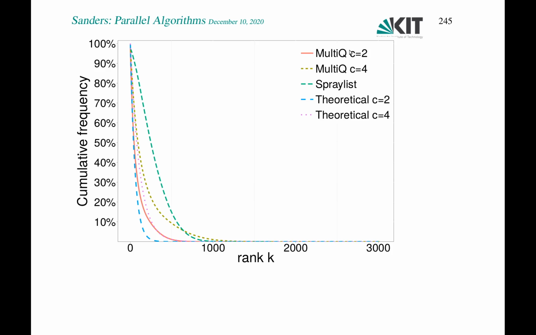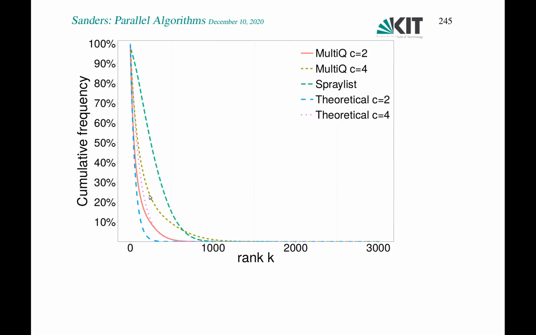Our multi-queue with c equals 2 is much better actually. The multi-queue with c equals 4, that's a little bit more complicated. Most of the time it is also considerably better than the spray list, but there's a tail of cases where the error is actually larger.